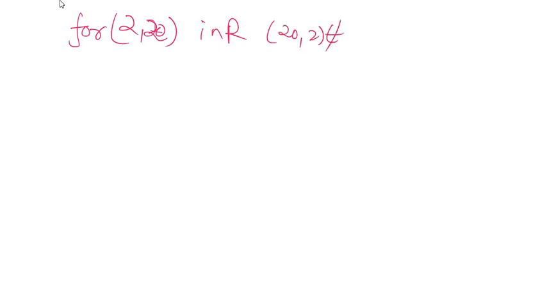Because if I take the case of (2, 20) in R, (20, 2) does not belong to R. Okay, you are not getting the reverse ordered pairs in R. Hence, it is not a symmetric relation. So, R is not symmetric.